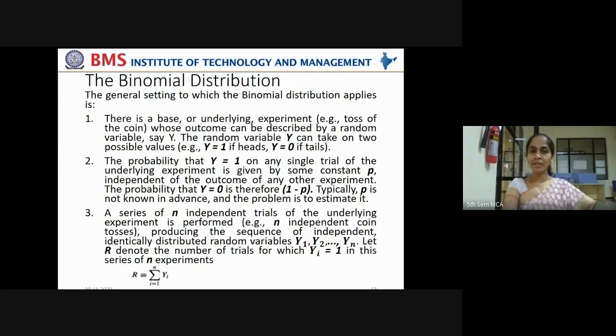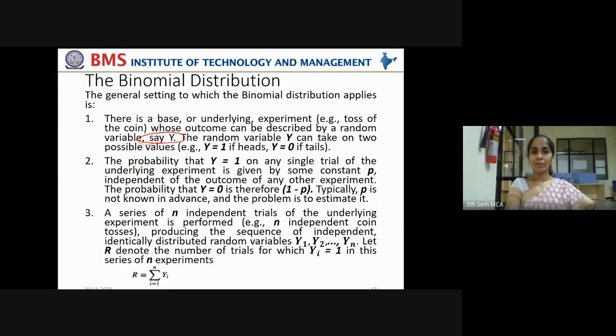Okay. So the general setting to which the binomial distribution applies is that there is a base or underlying experiment, say the coin toss experiment, the underlying base from which we can build this hypothesis testing to get the true error and check whether it is the same as the sample error or not. Where did we start exactly in order to understand this larger complex problem? There is a base or underlying experiment, the coin toss experiment, whose outcome can be described by a random variable, say y.